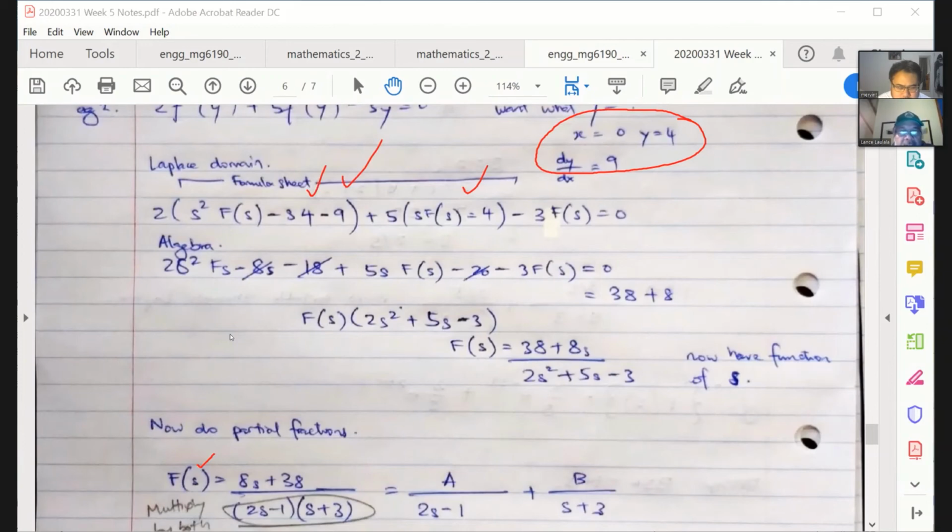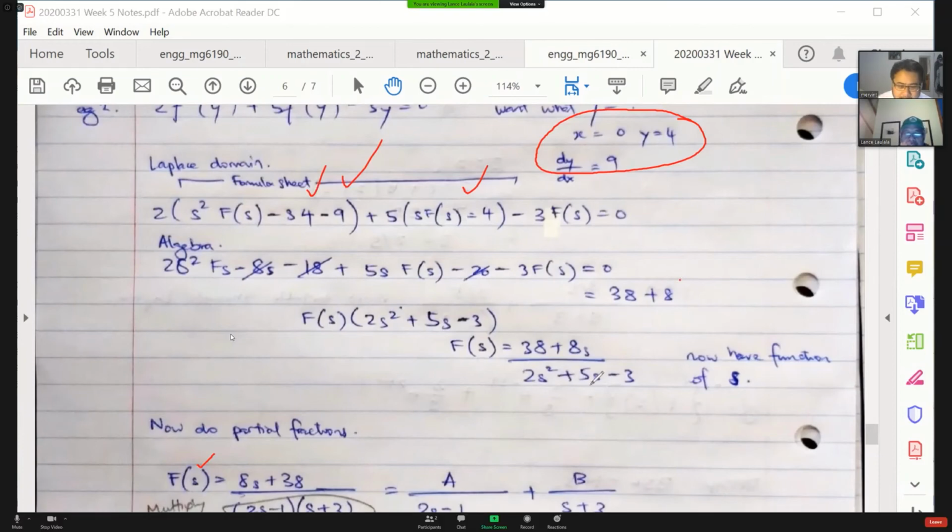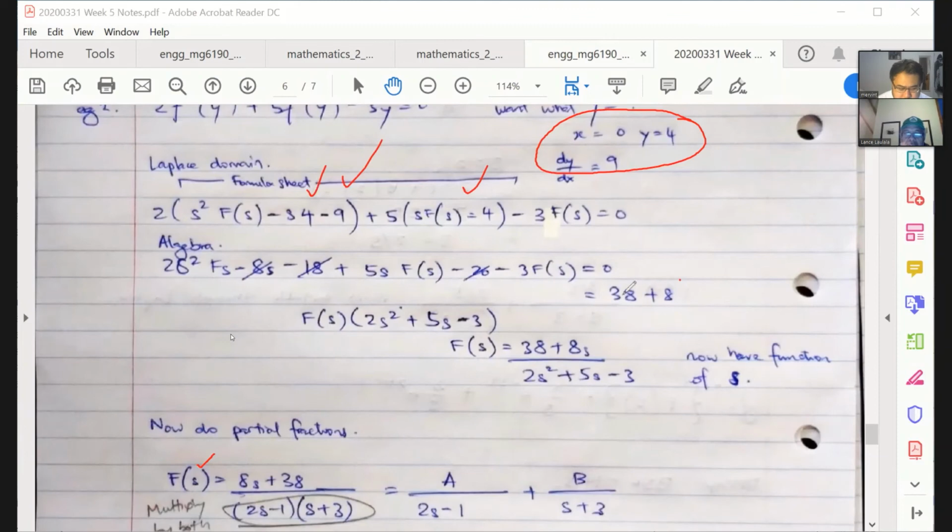All right. So now we've got 38s. Where does 38s come from? How did we get this? Minus 8, minus 18, minus 20. Oh, okay, I got it.